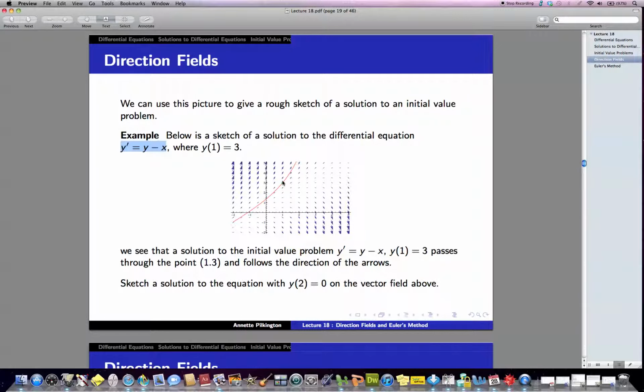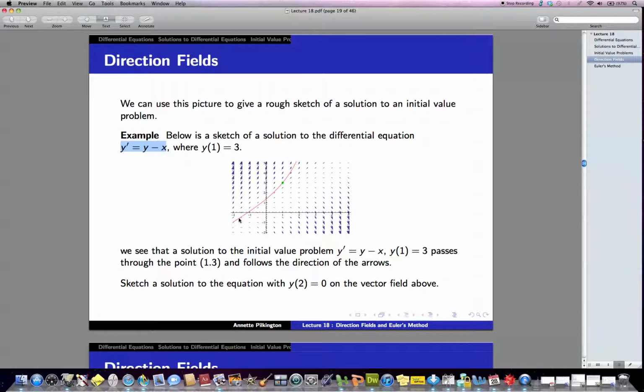So the arrows tell us that the solution is headed in this direction, and so we can basically follow the arrows here and draw a rough sketch of the solution. And of course we can backtrack because the arrows are coming in from this direction, and we can draw the other half of the solution in the opposite direction.